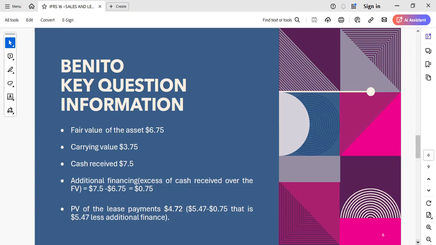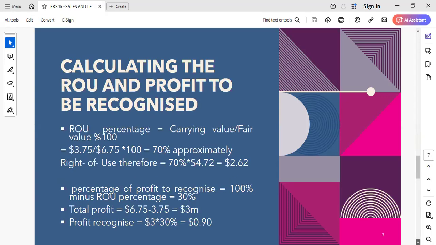So that means what we're going to be recognizing as the present value of the lease payments in this question is 4.72. So these are the key information that we've extracted from that question. In an exam scenario, I recommend that you extract it this way so that once you're applying them, you know exactly where to place each figure.